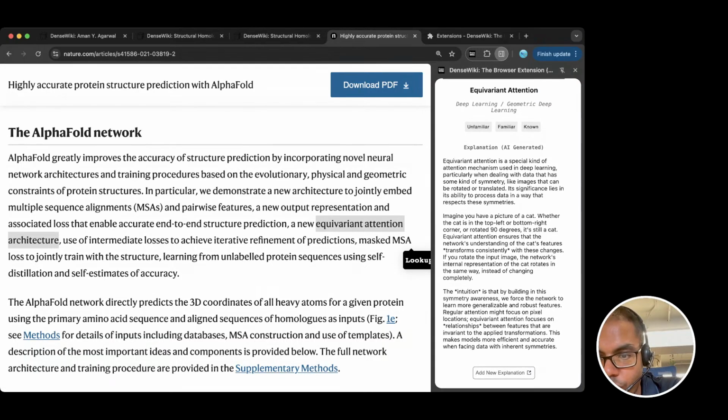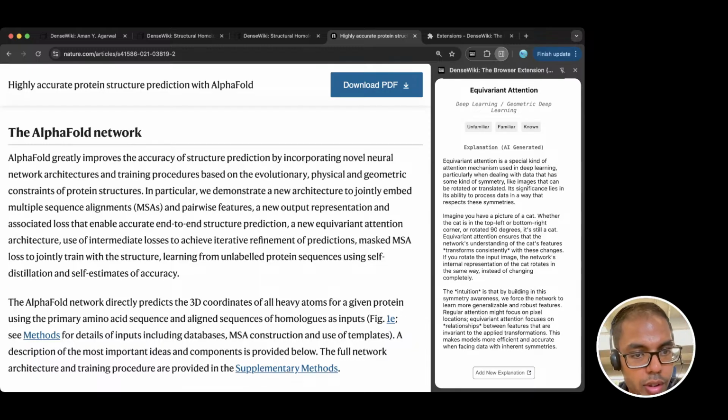Basically, an architecture that is aware of symmetries and rotation and things like that from the get-go. Okay, that puts attention on that.